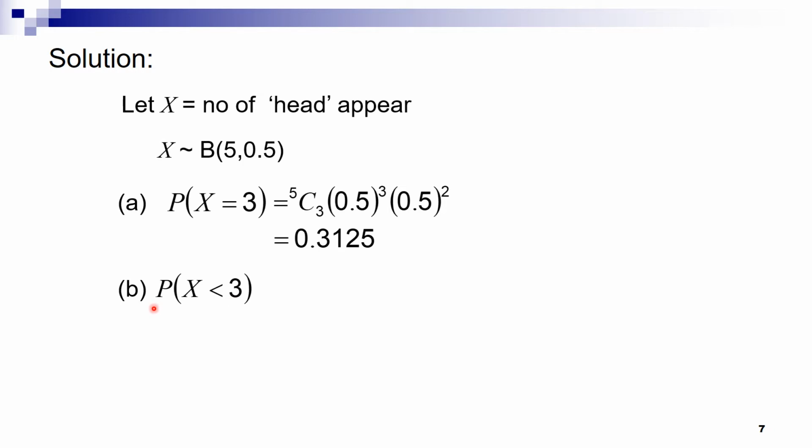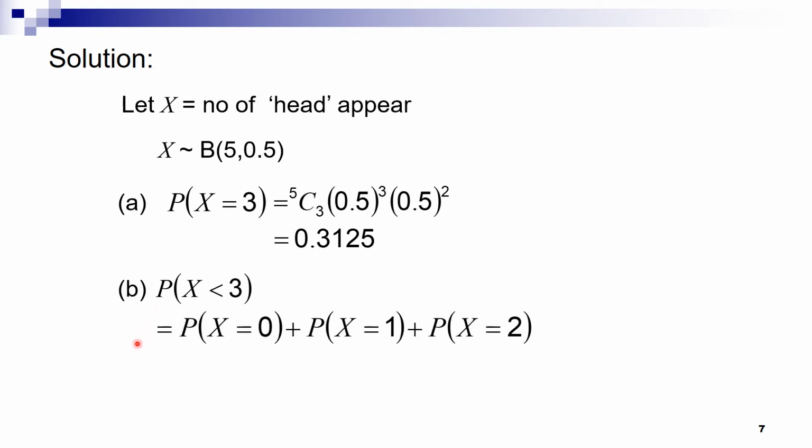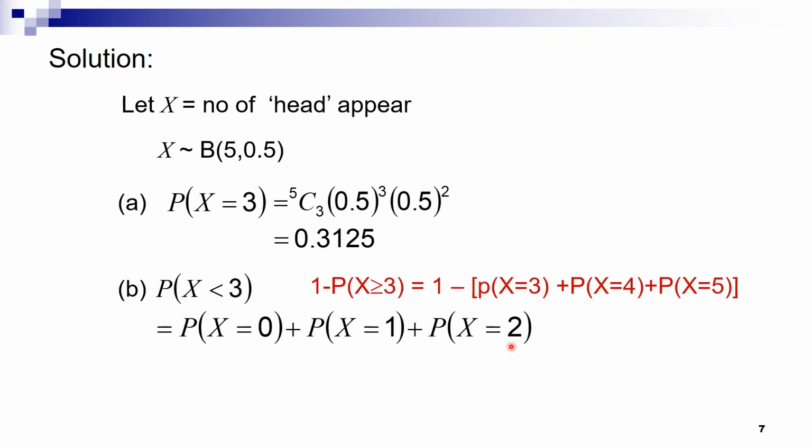So we know that when P(X < 3), it is P(X = 0) plus P(X = 1) plus P(X = 2). Now you can use the other method too, but I feel that it is tedious because you need to find P(X = 3) plus P(X = 4) plus P(X = 5), and you need to subtract from 1.